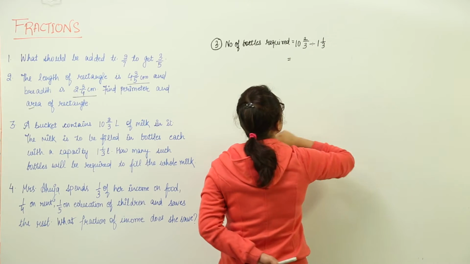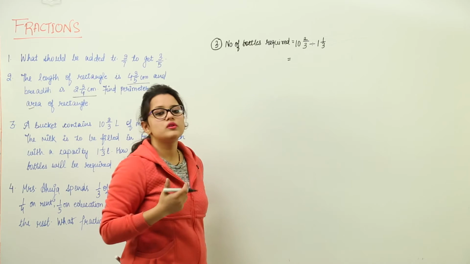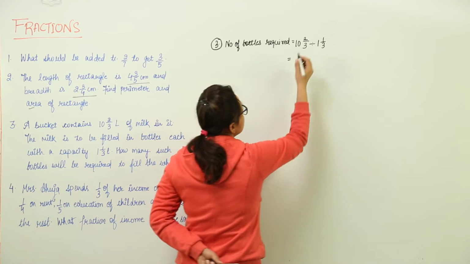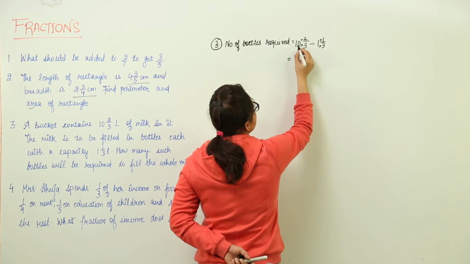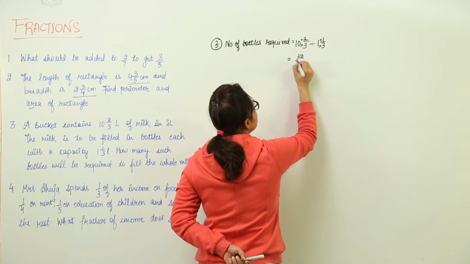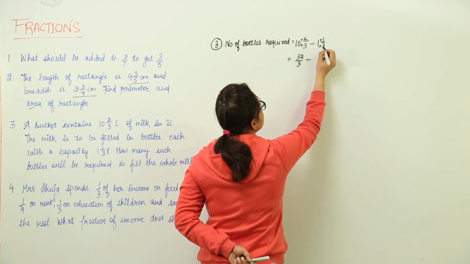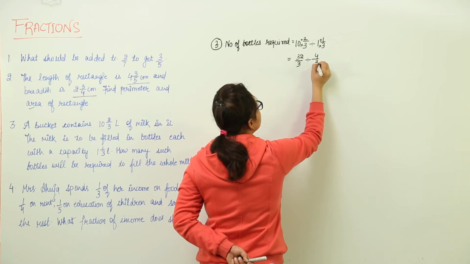Now let us do the division. Before that, we know these are mixed fractions, so we have to convert them into improper fractions. So 10 into 3 is 30, 30 plus 2, 32 upon 3, divided by 3 into 1 plus 1, that is 4 upon 3.